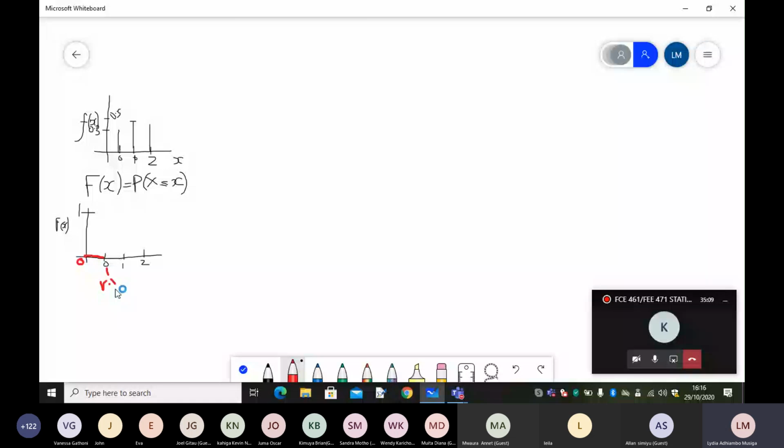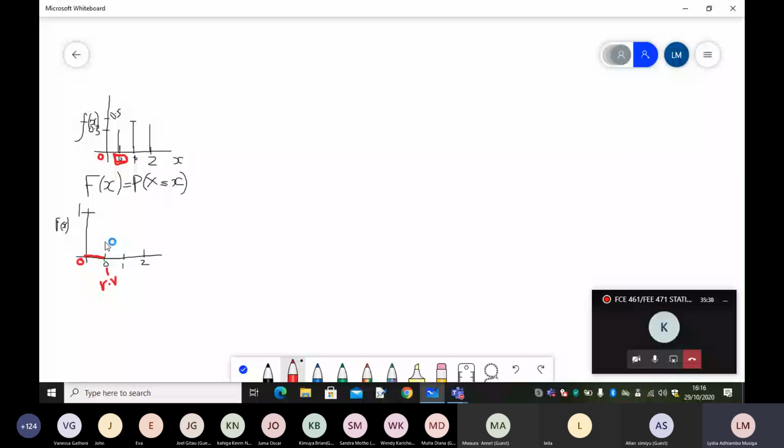So between 0 and the 0 for our random variable x, the cumulative distribution function is 0. Why? Because when we start from 0 for the small f of x, we start having probabilities when the random variable x takes value 0. At that point, the probability is 0.3.